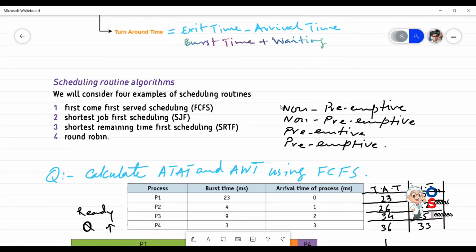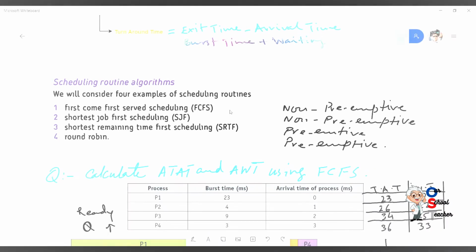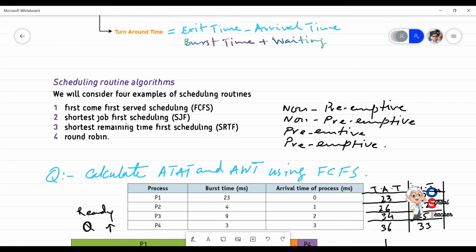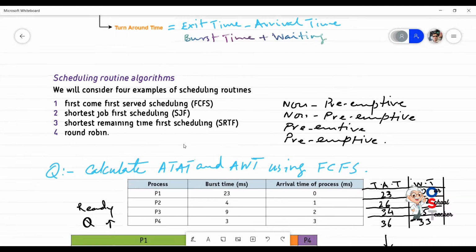When the first process completes, then the second is executed. Then shortest job first scheduling. Shortest job first scheduling means that the job which requires the least time from the CPU is given priority, and it is given a chance to complete its task.